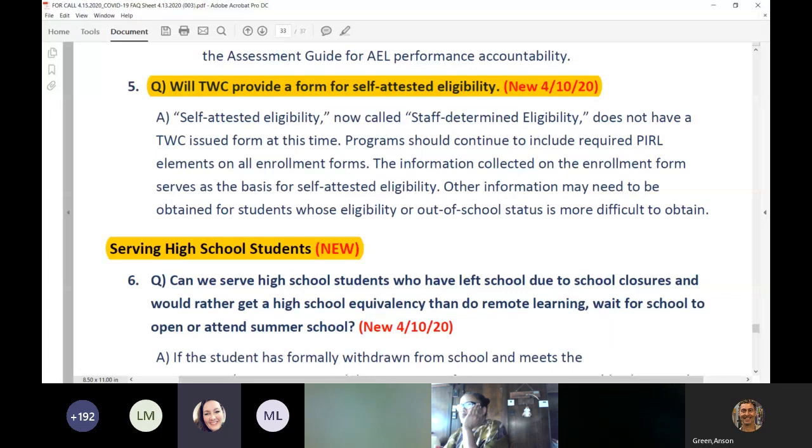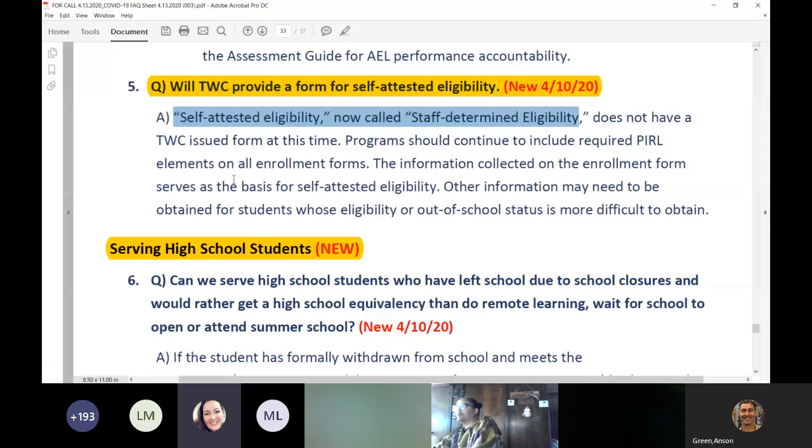Because the self-attested eligibility has a lot of historical use, in particular with people ages 16 to 18, because we created that term for them to self-attest to withdraw from school or out of school status, and also whether or not they meet an exemption in terms of homelessness, in terms of whether or not they live separate and apart from their parents, and things like that. So we started calling it staff determined eligibility.